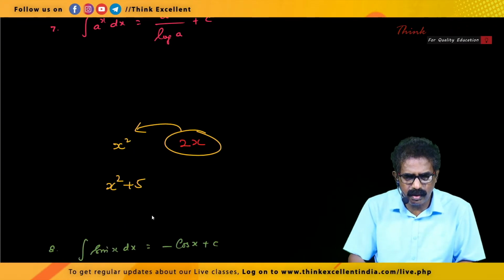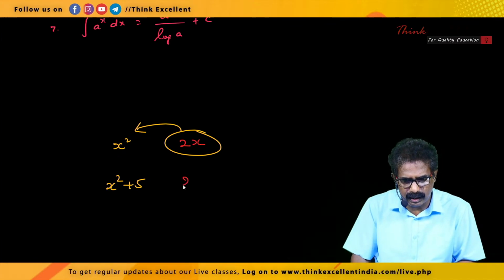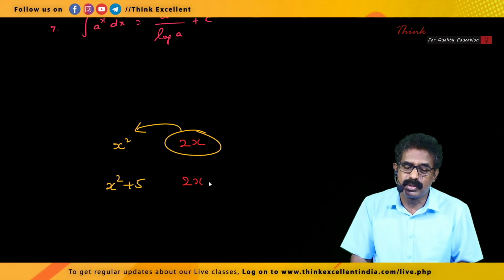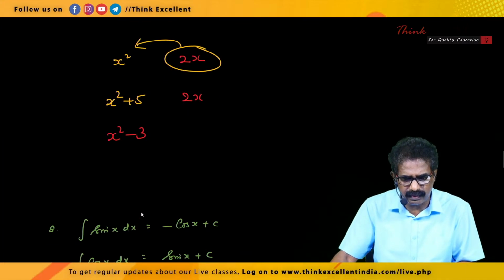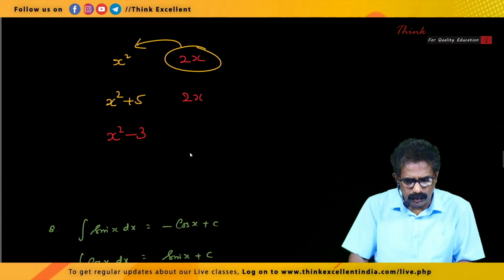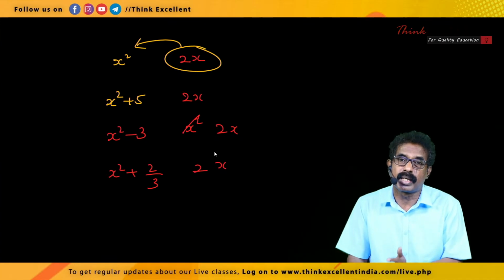What is the derivative of x square plus 5? x square vandale 2x, and the 5 ke derivative 0. If x square minus 3, what is the derivative of x square minus 3? அதுவும் 2x தான், ஏன்னா minus 3 க்கு derivative 0. இப்போ x square plus 2 by 3, அதுக்கு derivative is 2x. இது எல்லாத்துக்குமே derivative பார்த்தீங்கன்னா 2x தான்.